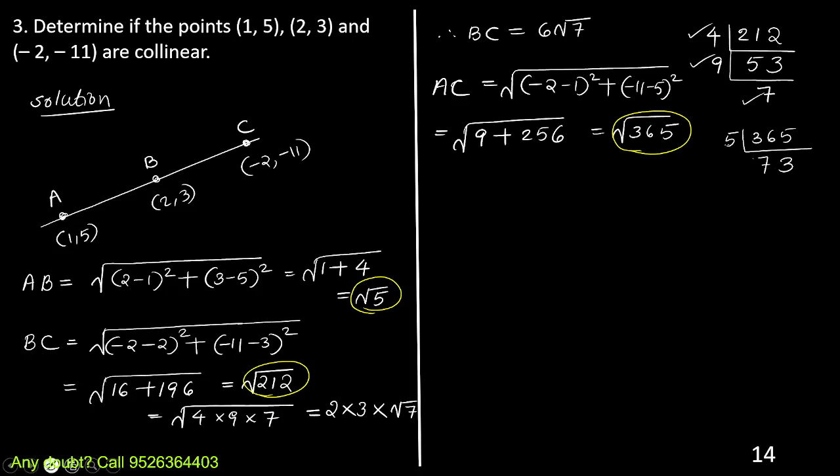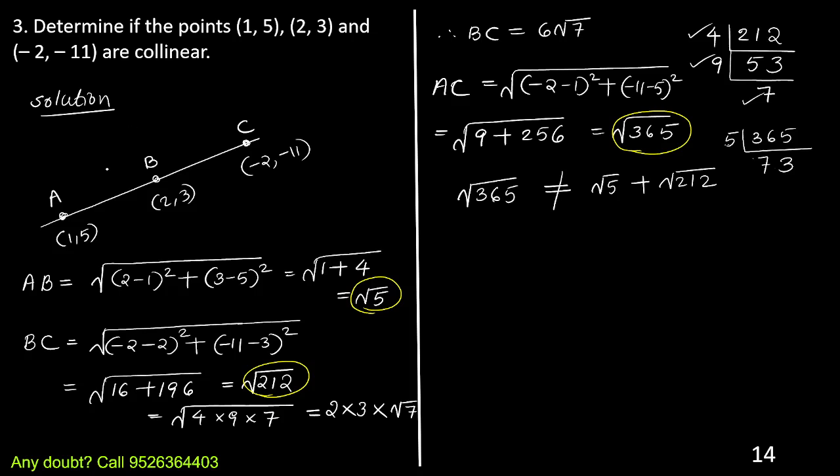The greatest is the largest number. You have to check whether the greatest side equals the sum of the other two: root 5 plus root 212 or 6 root 7. They are not equal. Remember, the 3 points are said to be collinear only if the greatest side is equal to the sum of the smaller sides. If that condition is satisfied, then the points will be collinear.